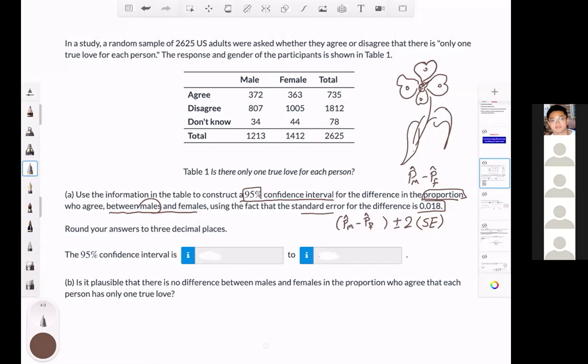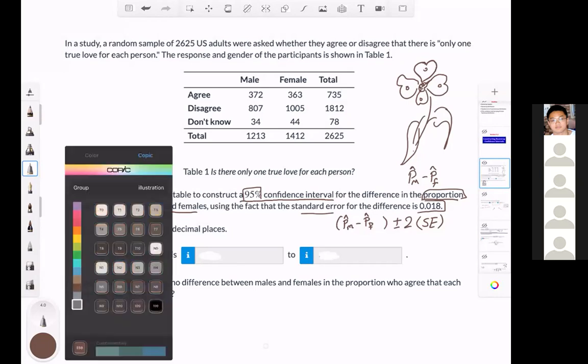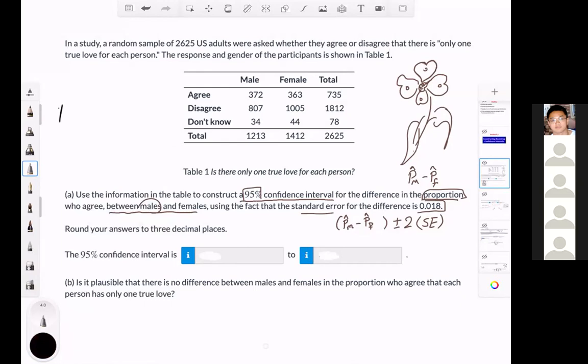So what is P hat of M? Which one did you divide? I did 372 divided by 735. No, that's not it. This is a male, okay?